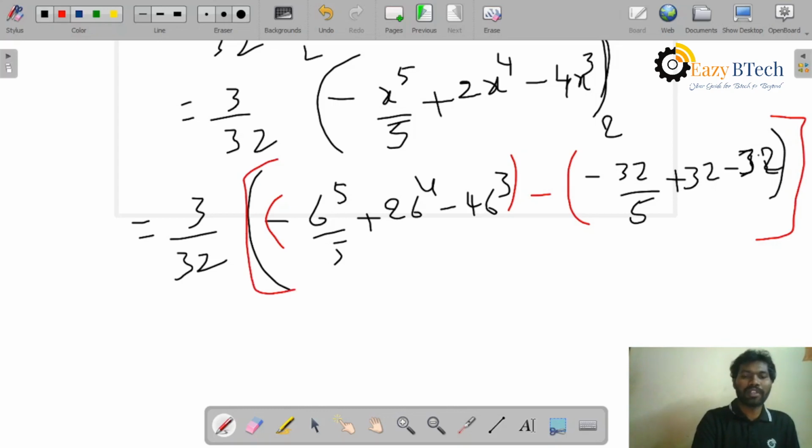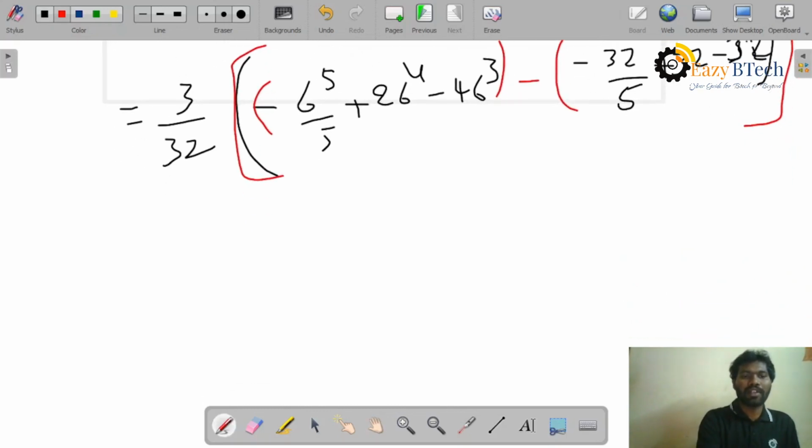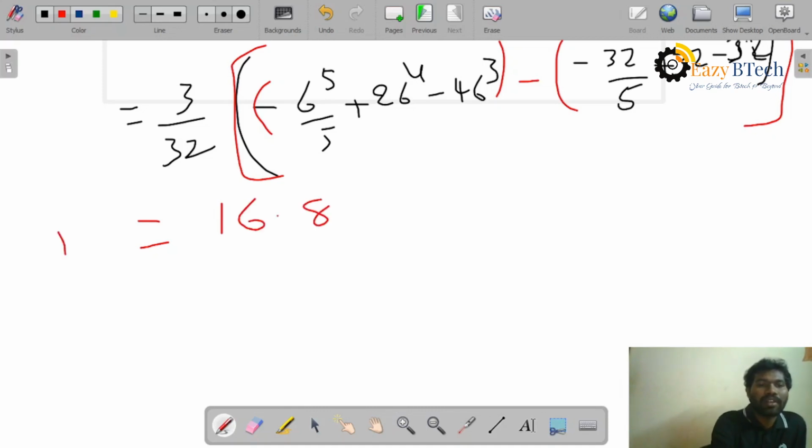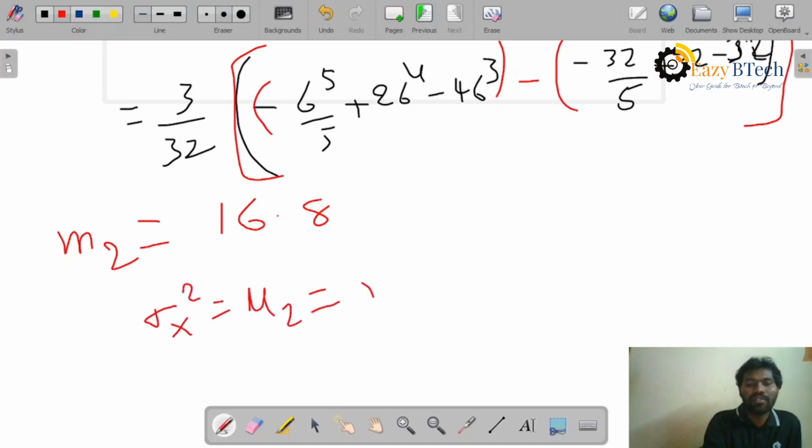So after calculating the above one, we get the second order moment, which is 16.8. That is, m2 is equal to 16.8. So finally, what they ask you to calculate is sigma x square, also called mu2, which is equal to m2 minus m1 square.